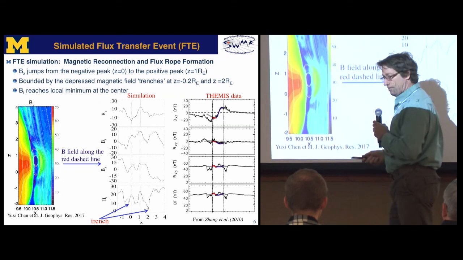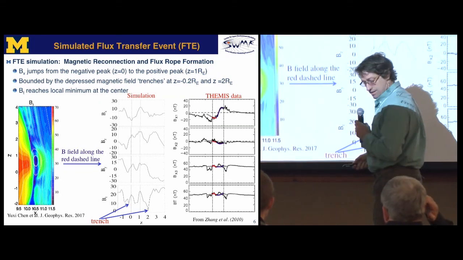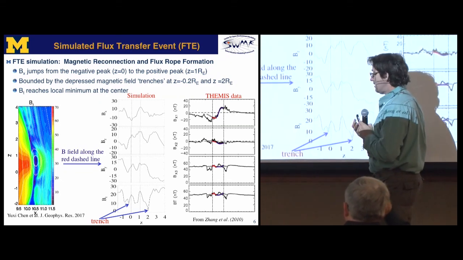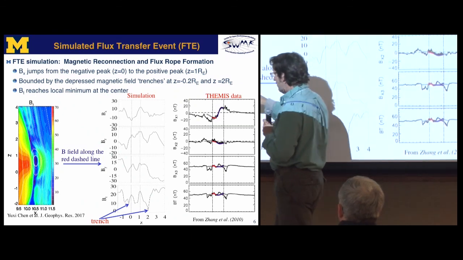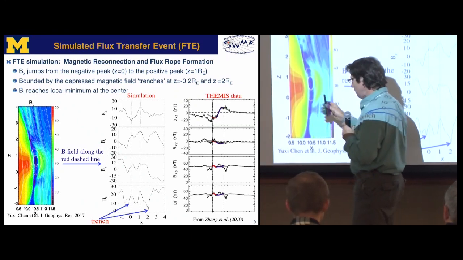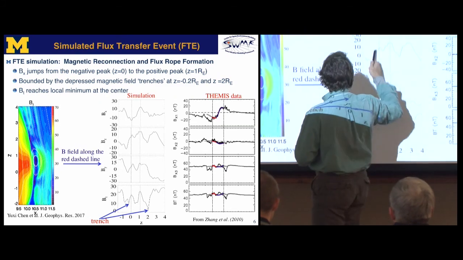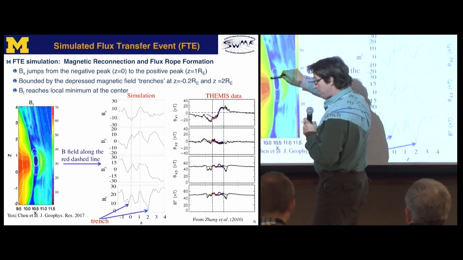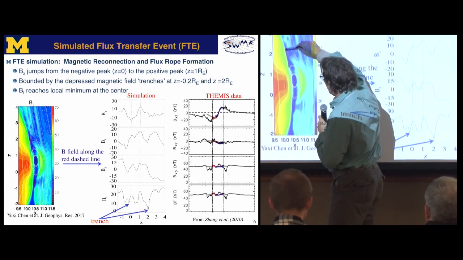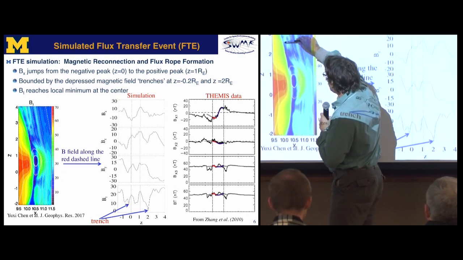So this is what's called a flux transfer event in the magnetospheric community. It's producing this flux rope here, which I'll show three-dimensional images of in the next frame. And these plots here are showing the structure of this magnetic island on this dotted red line, which you can barely see, but it comes from here.